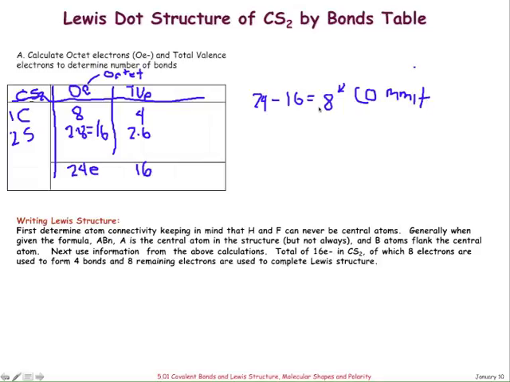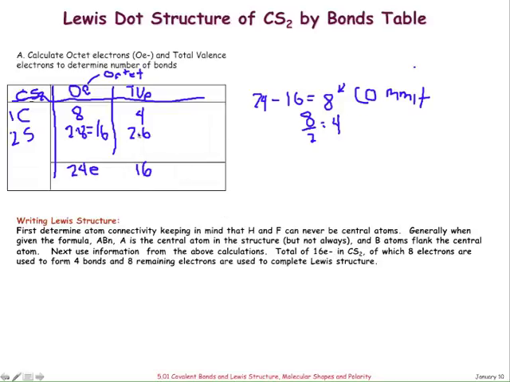So if we think about 8, and we know that there are 2 electrons per bond, this structure has 4 bonds. That's what the bond table tells you. It gives you an idea of how many bonds the structure has. Now, we've used 8 from this 16.